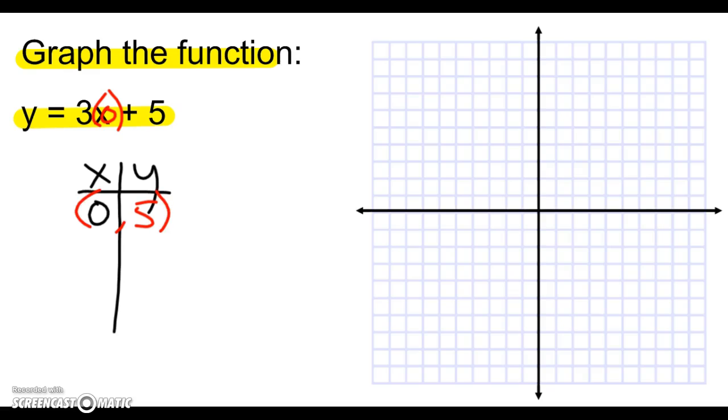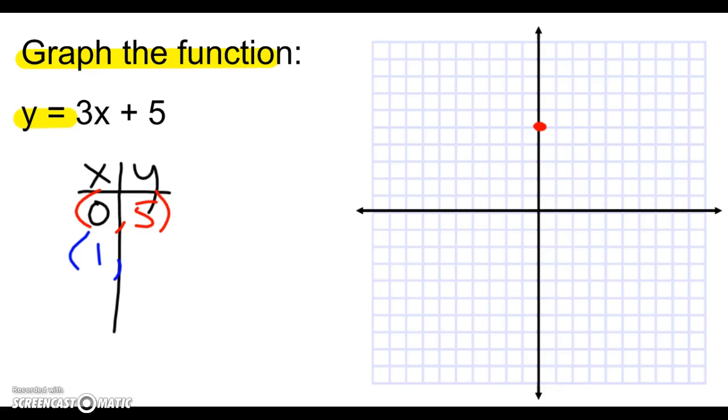Now this is a point that I can graph on my grid. Over 0, up 5: 1, 2, 3, 4, 5. That's the point (0, 5). I always like to keep them in order integer-wise. So another one that I'm going to check is 1 and just see what happens. I like to keep these as simple as possible.